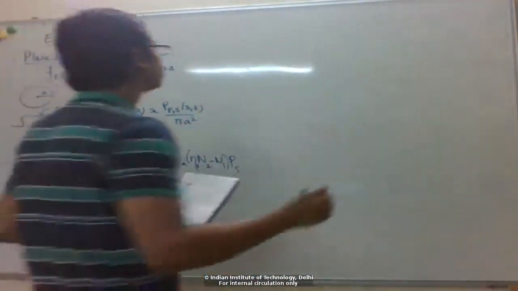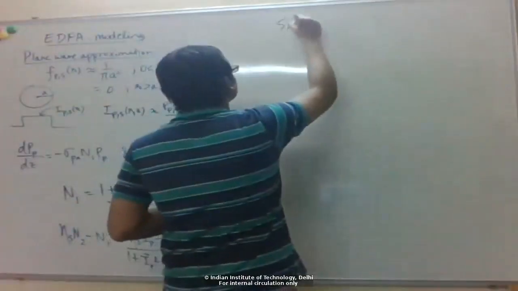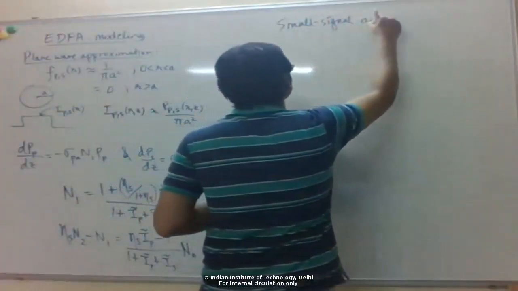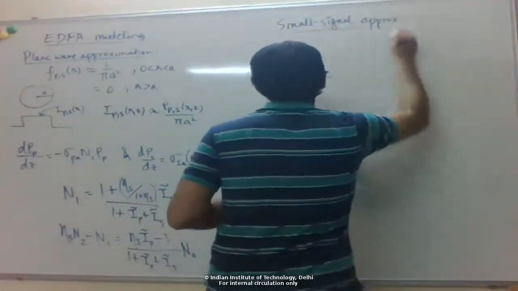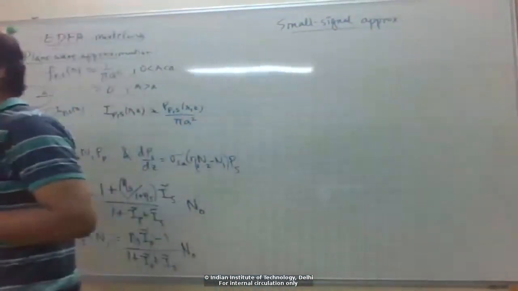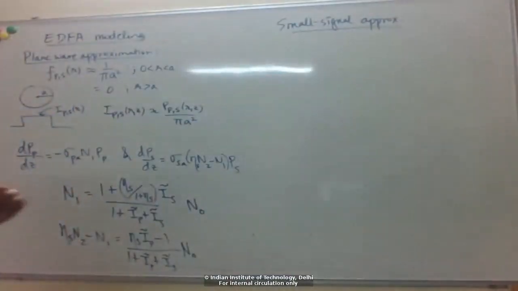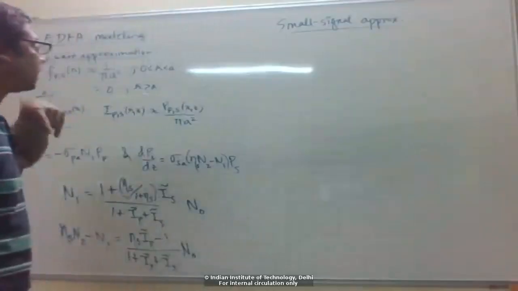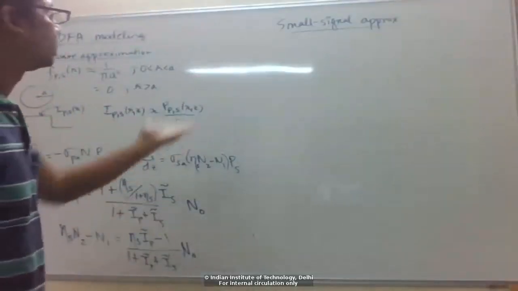So we use what is known as a small signal approximation. The first approximation was this plane wave approximation. The second approximation is the small signal approximation, which basically assumes that the signal is very small.